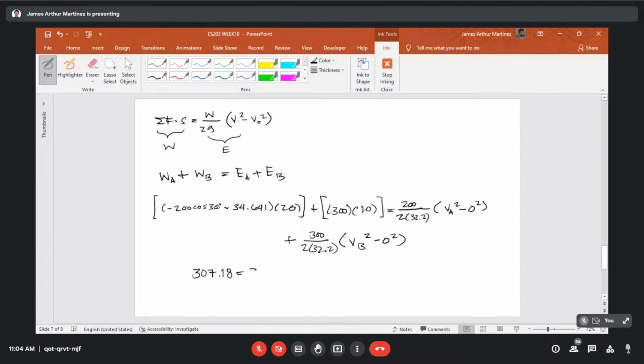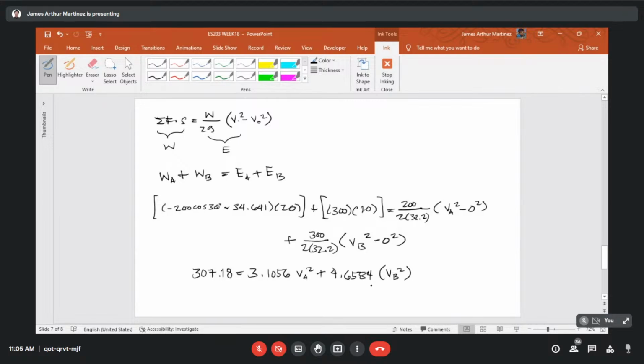This is 3.1056 VA squared plus this one, class, 300 over 2 times 32.2, which is 4.6584 VB squared. So in this equation, there are two unknown variables.